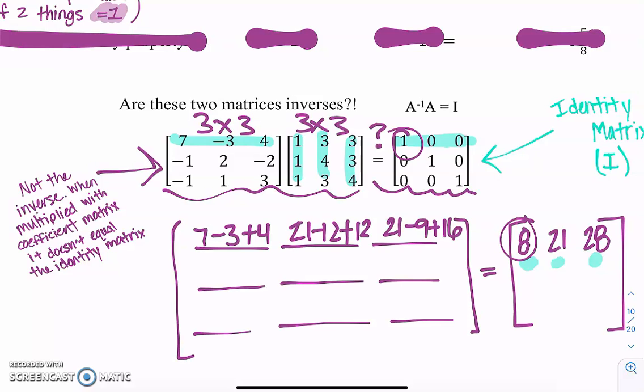Only one y, no x or z, and then only one z. It has to be this exact matrix for this to be an inverse. If we don't get that very first spot to be 1, it's just not going to work. We won't be able to use it.